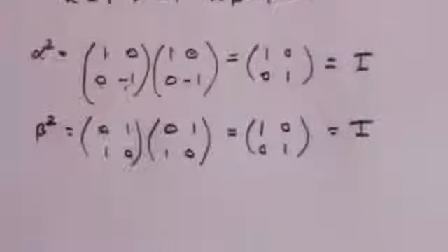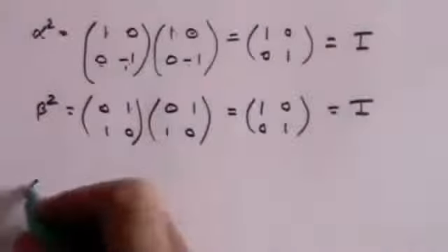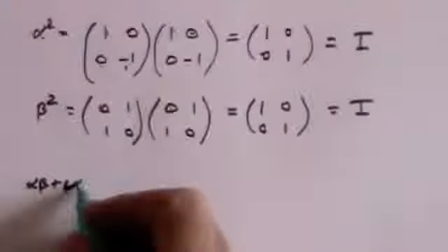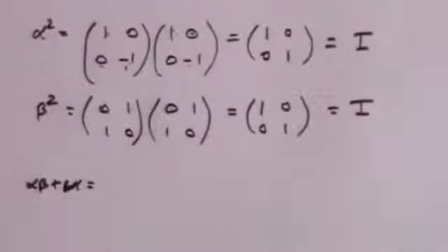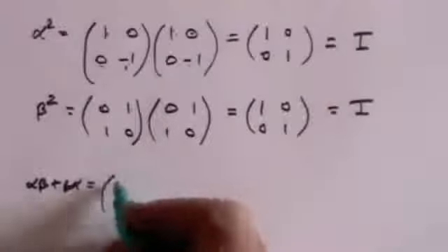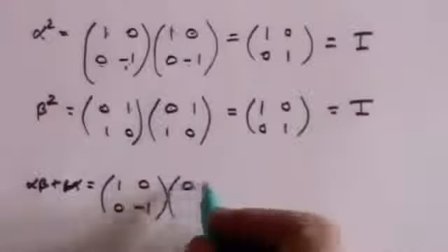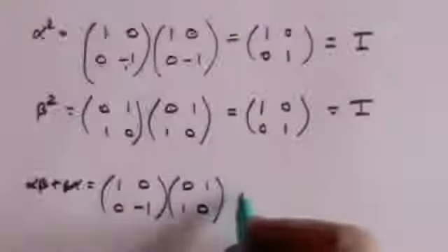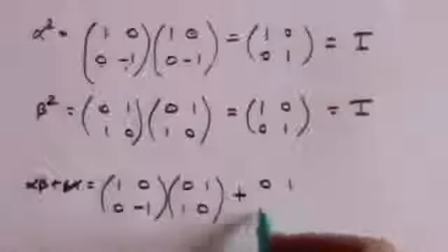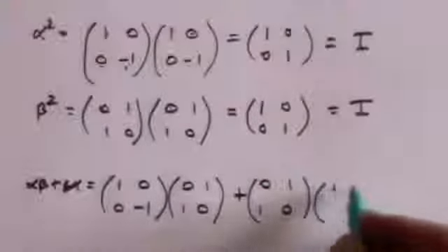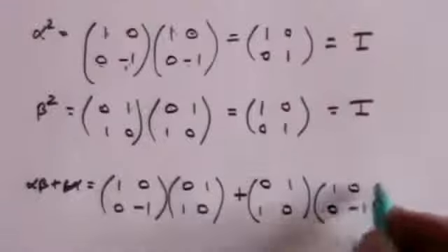Thank goodness for that. Now we have to show that alpha beta plus beta alpha is equal to 0. So that's going to be [1, 0; 0, -1] times [0, 1; 1, 0] plus [0, 1; 1, 0] times [1, 0; 0, -1].